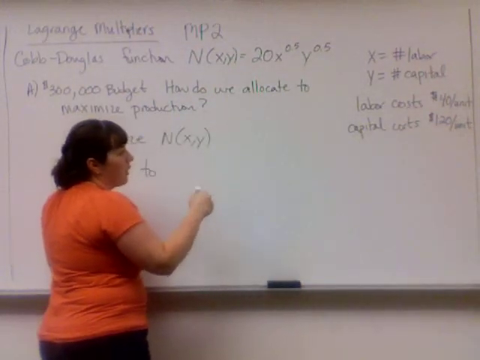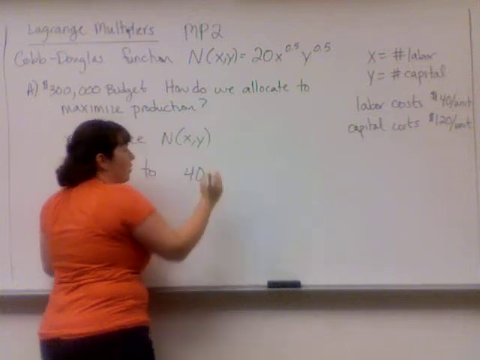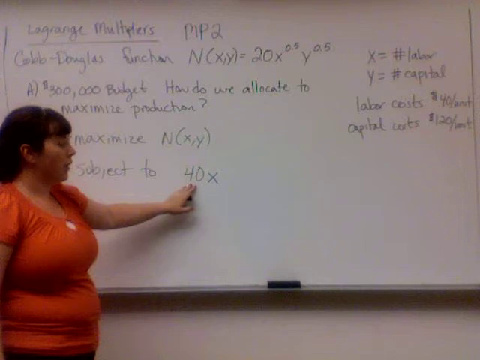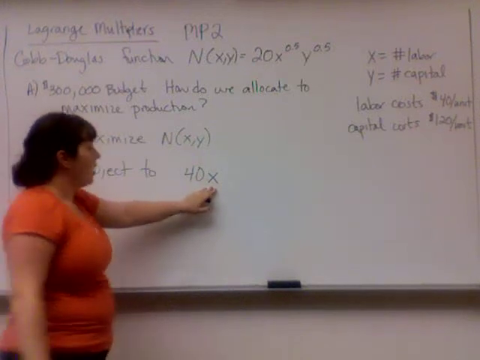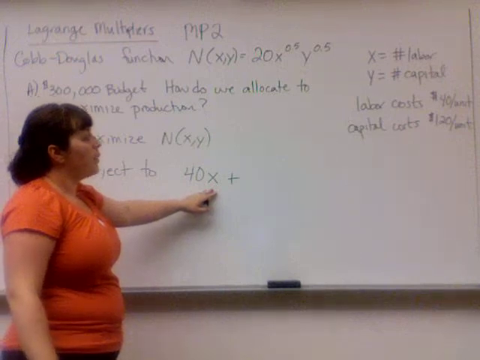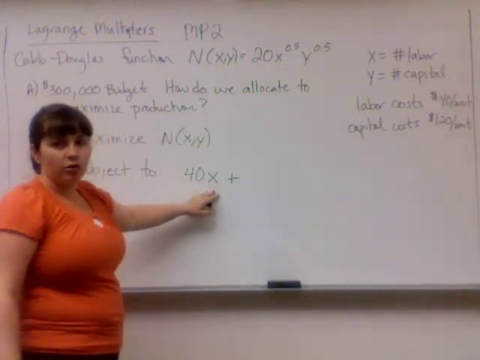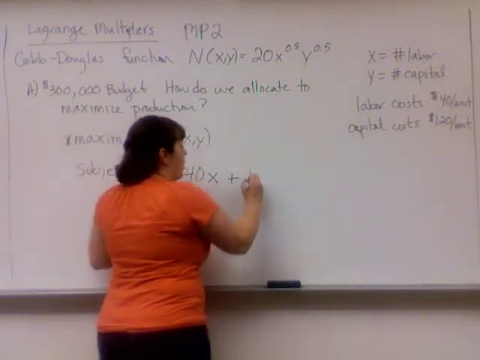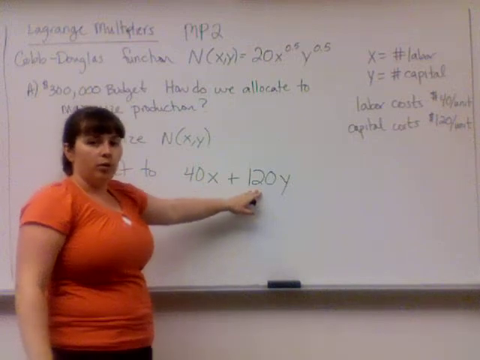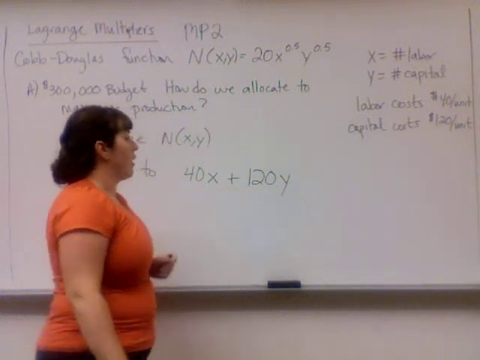The cost from labor itself is $40 times the number of units of labor, because it's $40 per unit and we use x units of labor. I need to add to that the cost from capital. We use y units of capital, and capital is $120 per unit, so the cost there is 120 times y.